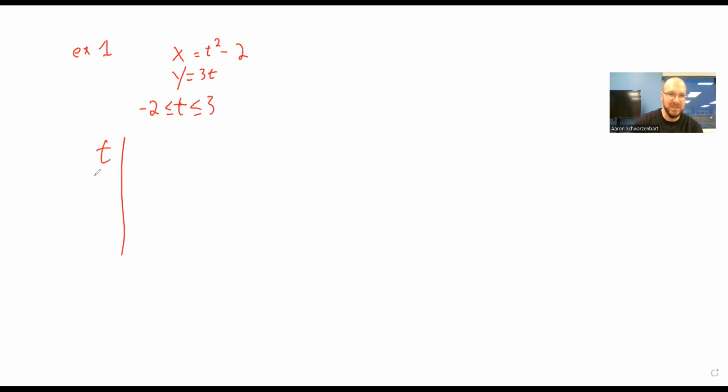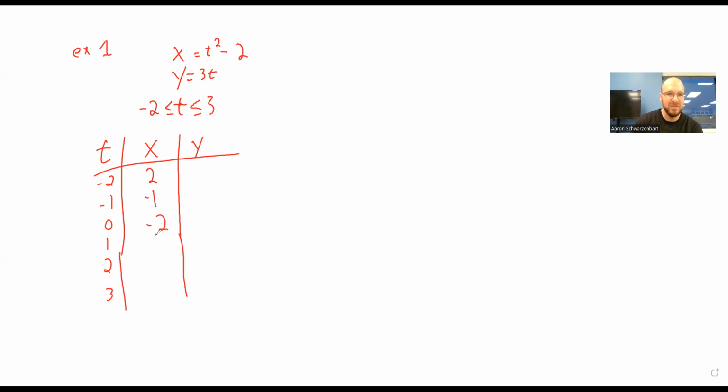So again, I make my t, x, y table, and I'm going to just do integers here. For t equals negative 2, negative 2 squared minus 2 is 2. Negative 1 squared is 1, minus 2 is negative 1.